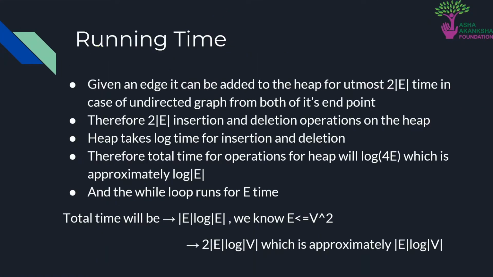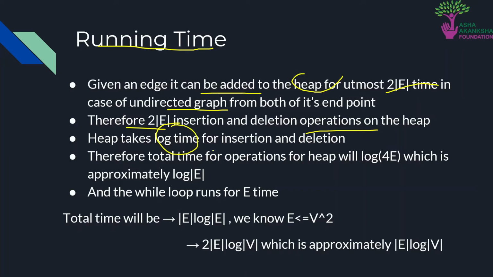Now let us see the running time. We know an edge can be added to the heap at most 2e times in the case of an undirected graph, from both of its endpoints. Therefore there will be 2e insertion and 2e deletion operations on the heap, and we know that heap operations take log time.